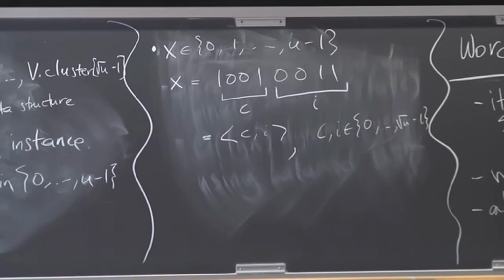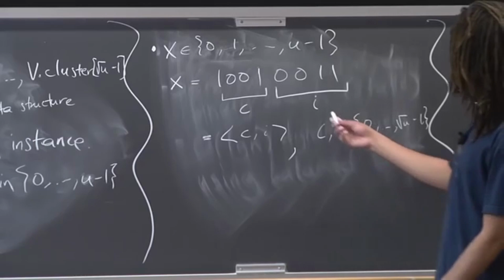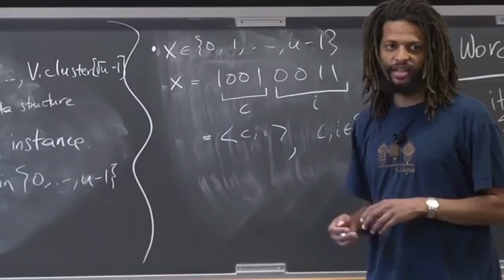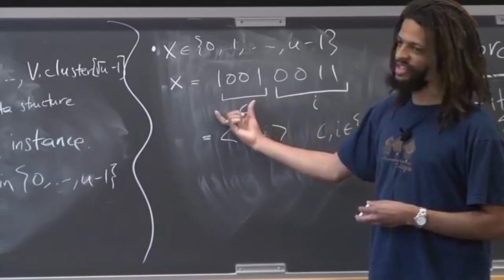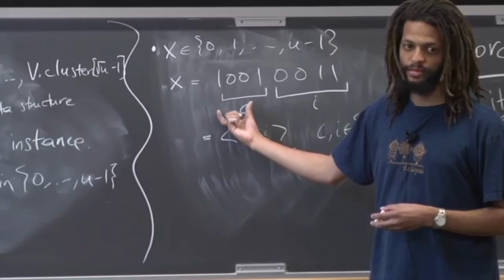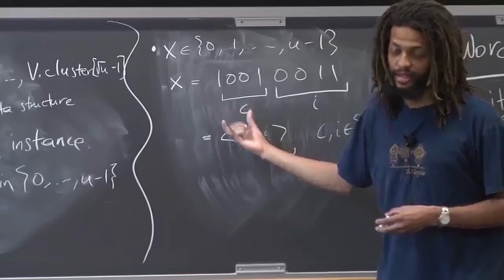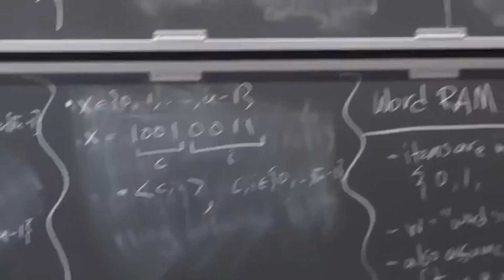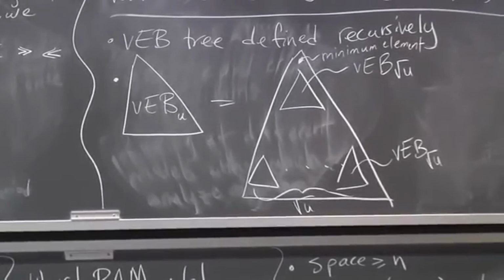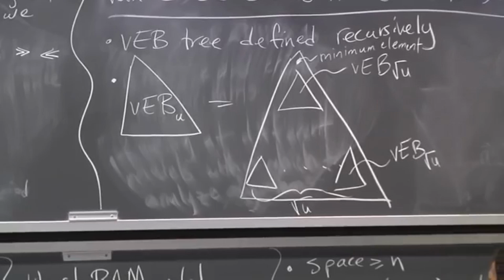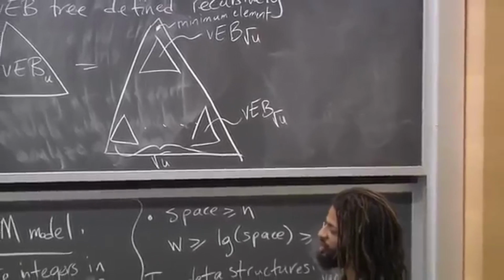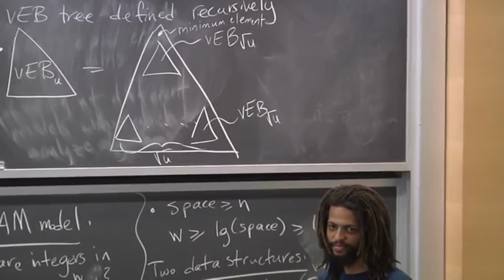And the idea behind van Emde Boas trees is that if x lives in the data structure, then we will store the number i in the cth cluster. Now tell me, given what I just said, how would you do a query for the predecessor of x?